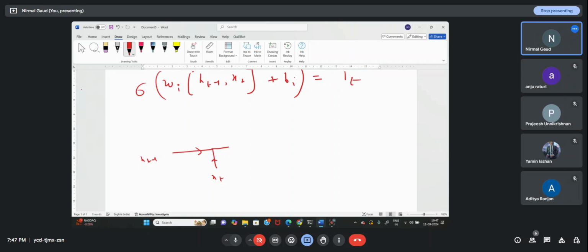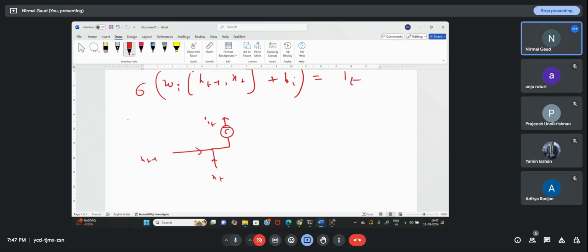It is given to the sigmoid, and you get something. That is it. You get the output as it. This is your it output.